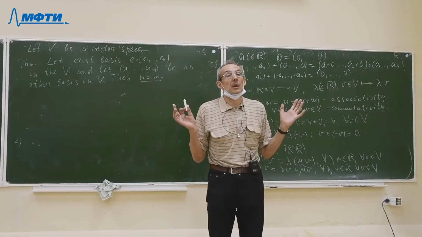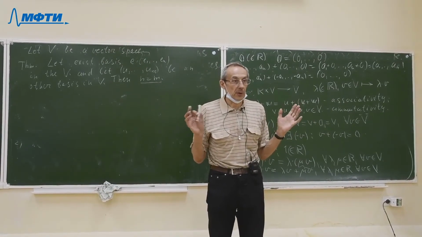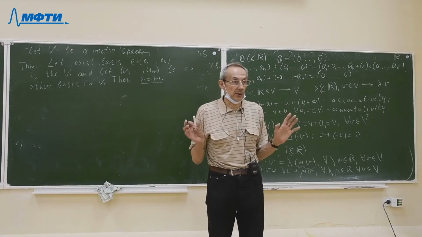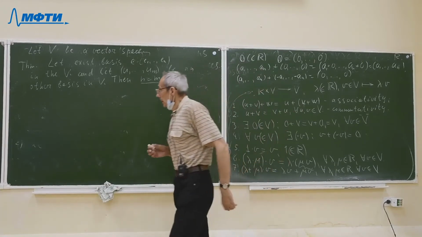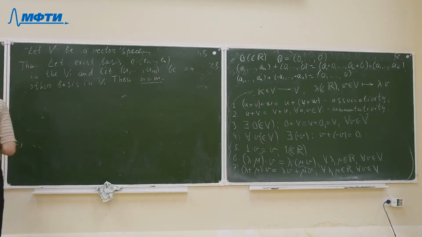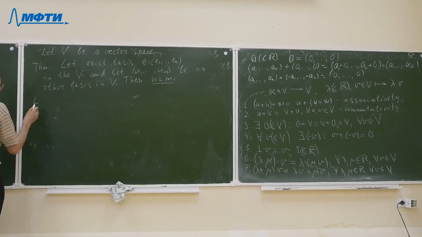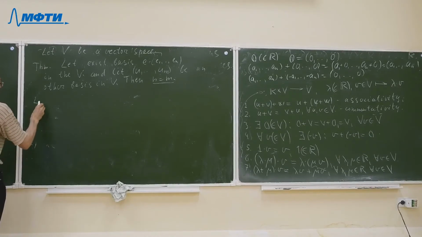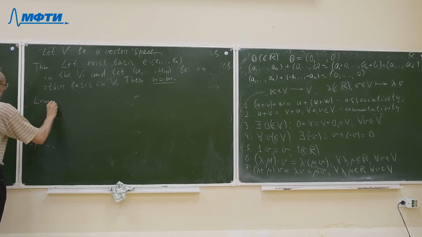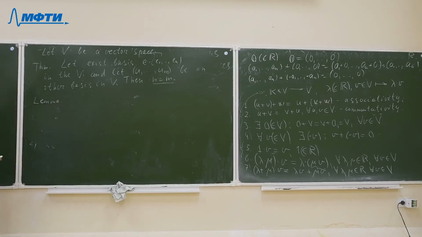The cardinal number is a generalization of the number; a cardinal number can be infinite. We prove this theorem. This theorem is a corollary of the following basis lemma.